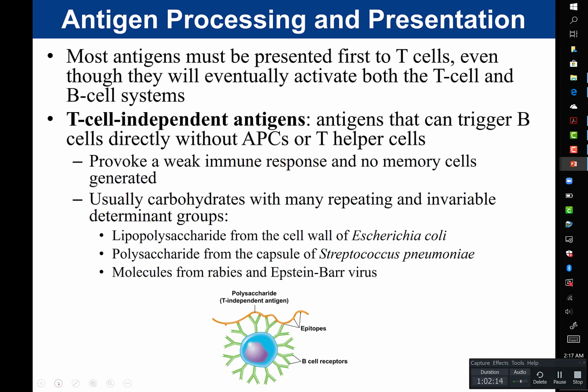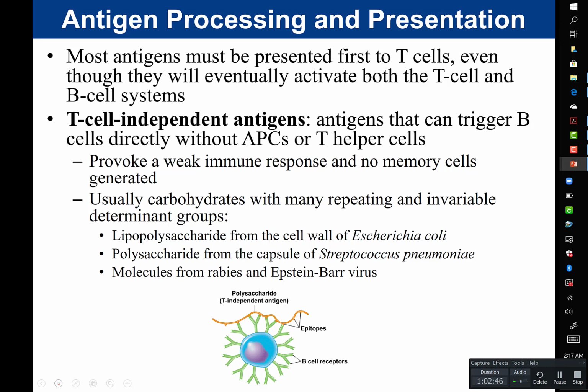Research is still trying to determine whether or not it initiates the memory component of the immune system. Not all antigens do. Not all antigens will stimulate an immune response that is strong enough to provide memory. So a T cell independent antigen provides a weak immune response and no memory is generated.